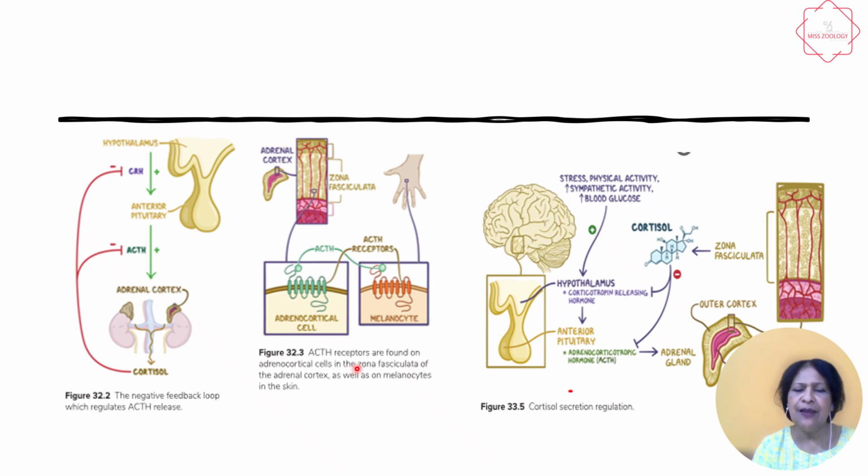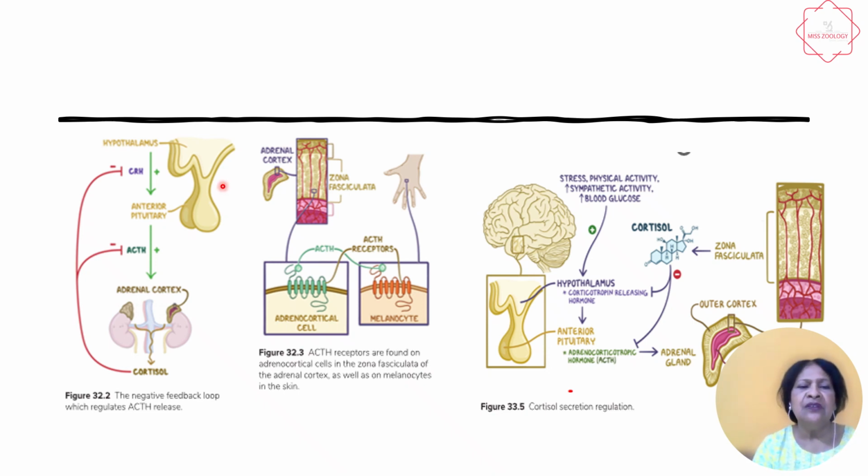The adrenocorticotropic hormone receptors are present on the adrenocortical cells, basically in the zona fasciculata, and also in the melanocyte cells in the skin. These are stimulated so that the receptor cells get activated, and then they start producing the right proportion of the hormones from the cortex.